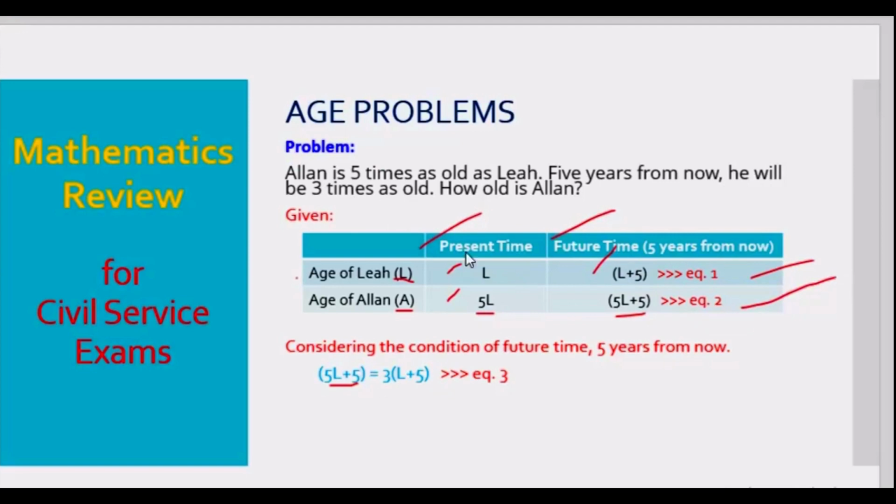So the age of Leah 5 years from now, which is L plus 5, we will multiply by 3, because 3 times as old. So 5L plus 5, the age of Alan, equals 3 times the age of Leah, which is L plus 5. So that is equation number 3.